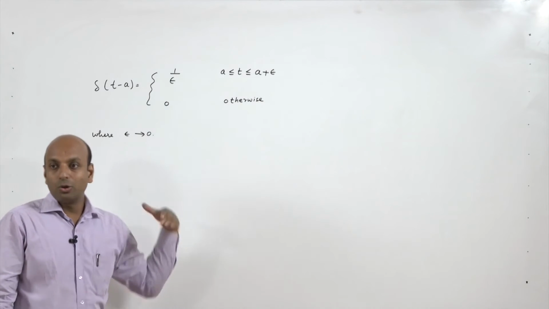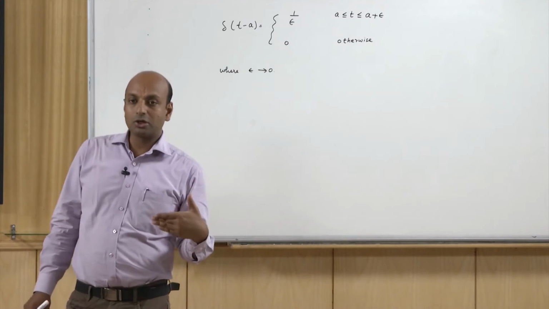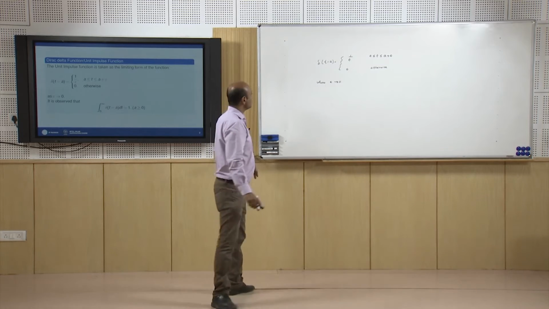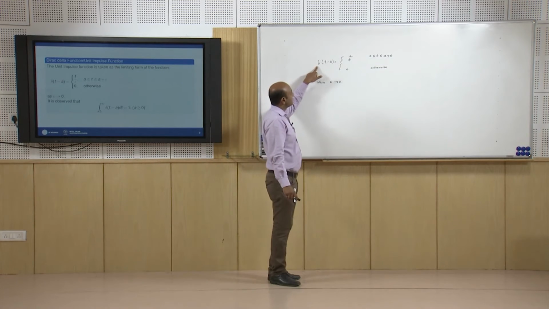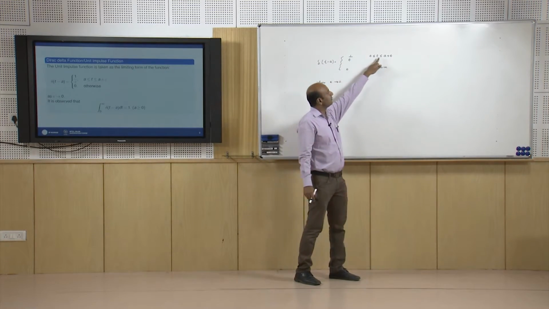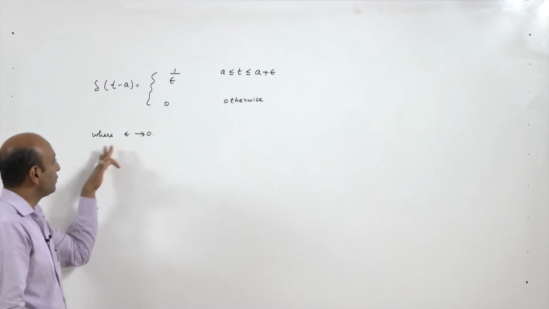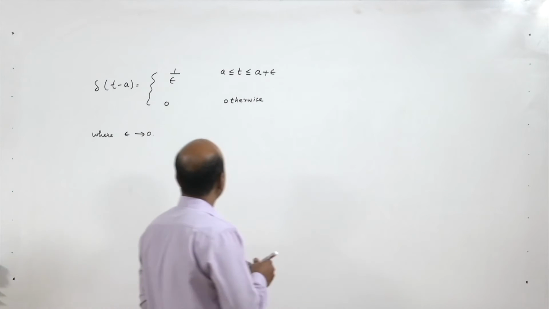Whenever we solve problems based on Dirac delta, we always use this definition, that is, it is 1 by epsilon when t is varying from a to a plus epsilon, 0 otherwise, where epsilon tends to 0. So, what does this definition mean?